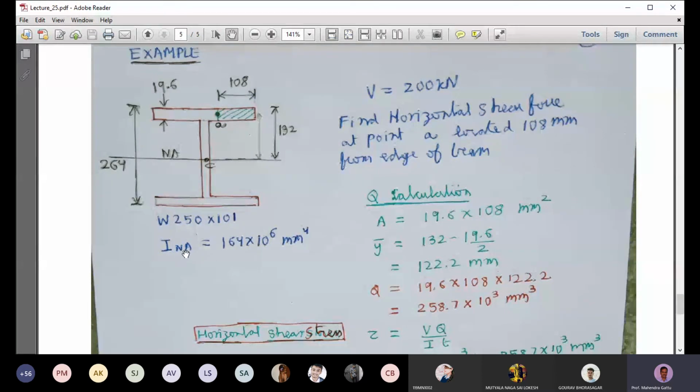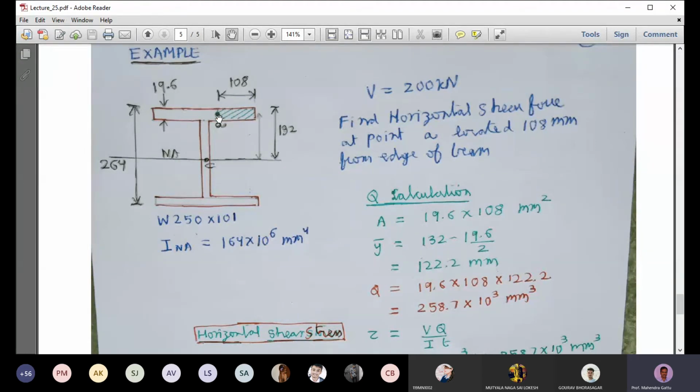If you look for the property for moment of inertia, you get I neutral axis is 164 x 10^6 millimeter^4. It is already given. What is also given is that the shear, which is 200 kilonewton, is being applied, and we want to find the horizontal shear coming at point A, which is located at 108 from the flange edge of the beam.